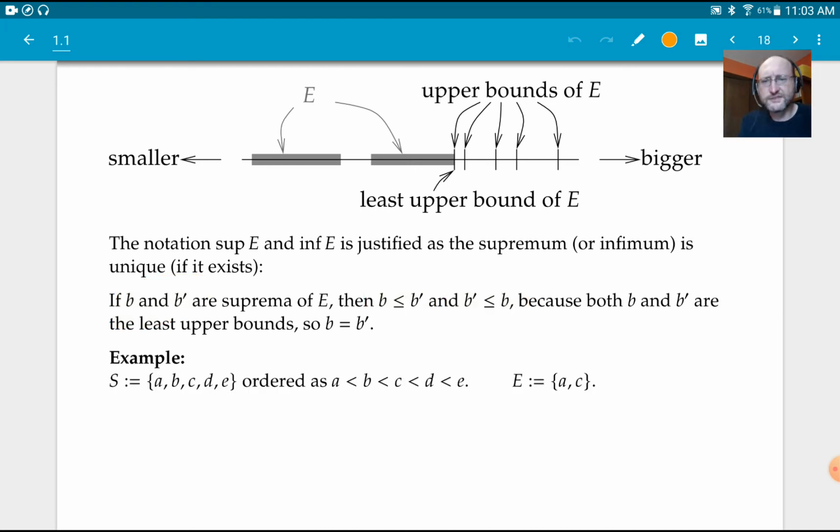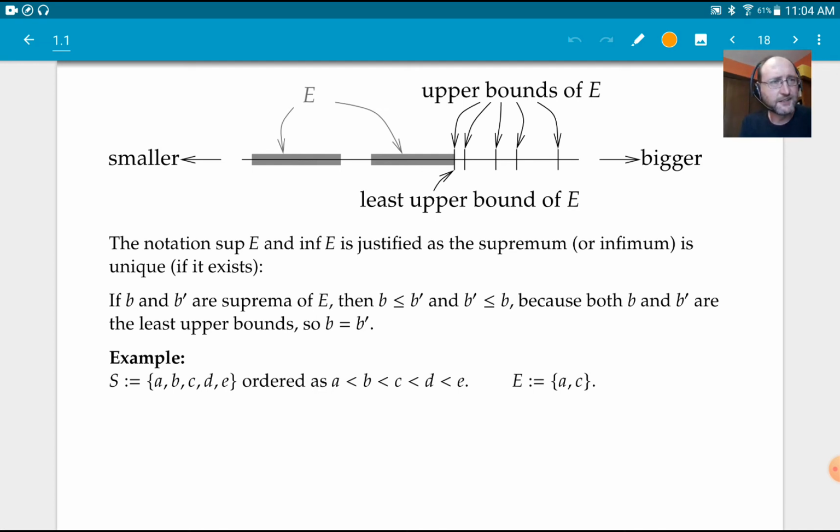All right, so let's look at a simple example. Suppose we have a set with 5 elements, A, B, C, D, E, ordered in the usual way.